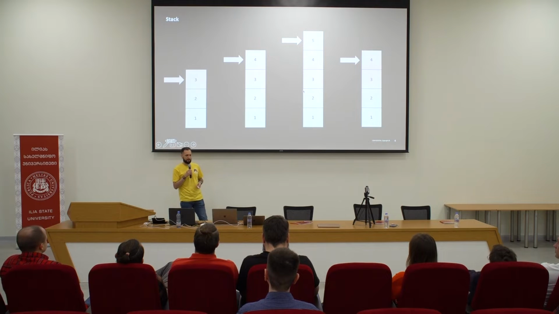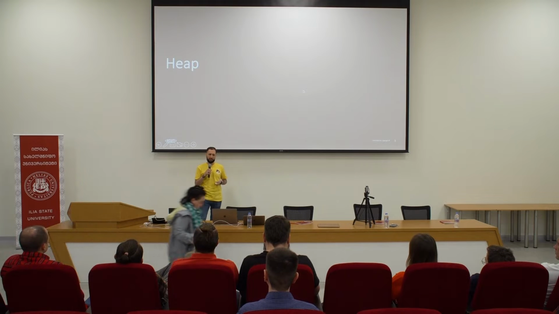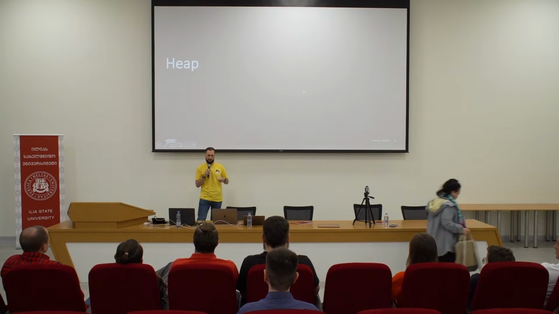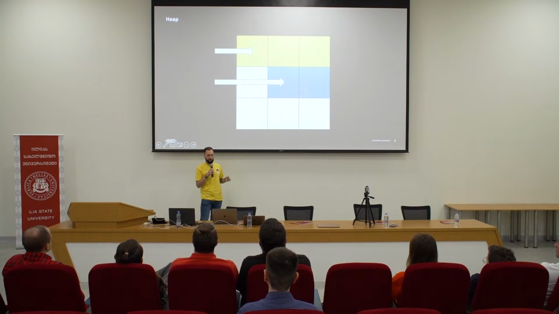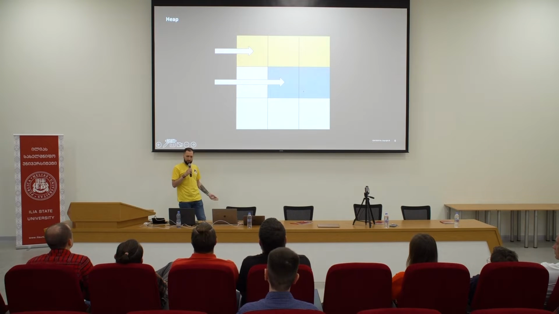And the second way to arrange memory is a heap. Heap memory. Well, you may be familiar with the term heap from such a data structure as binary heap, but it's different. It's really a heap of memory where you can put all your objects, everything you need just somewhere, have a pointer to that, and live on with it.